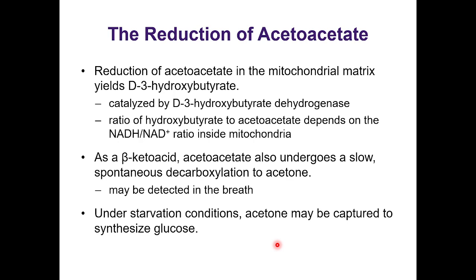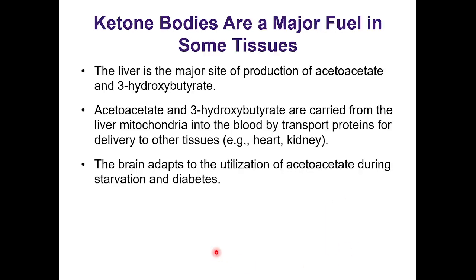Under starvation conditions, your acetone may be captured to synthesize glucose. So the liver is going to be your major site of production of the acetoacetate and 3-hydroxybutyrate. The acetoacetate and 3-hydroxybutyrate are going to be carried from the liver mitochondria into the blood by transport proteins, delivered to other tissues like the heart, kidney, etc. The brain adapts to utilization of acetoacetate during starvation and diabetes.